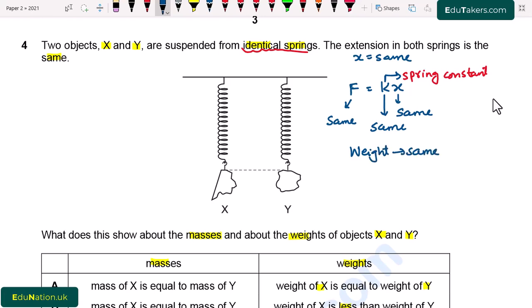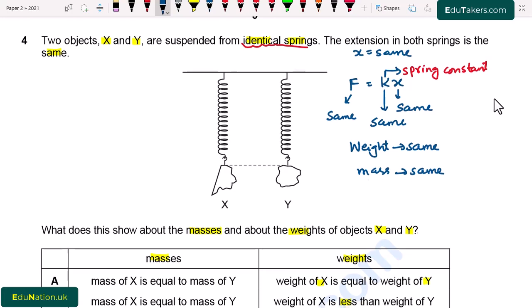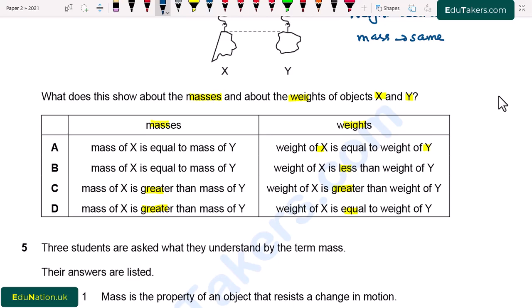So when the weight is the same, mass of course will be the same. So here both mass and weight remain the same. So in option A, mass of X is equal to mass of Y and weight of X is equal to weight of Y. This MCQ is correct.